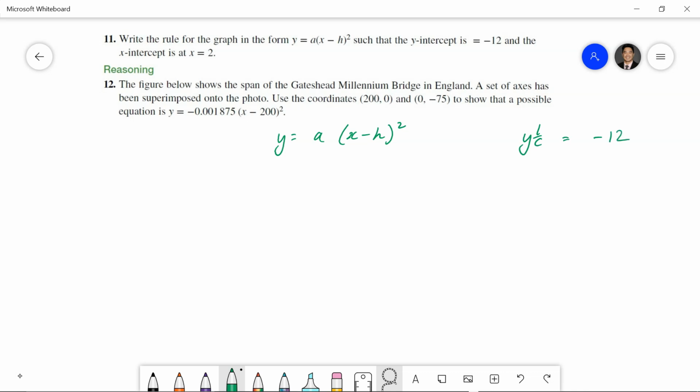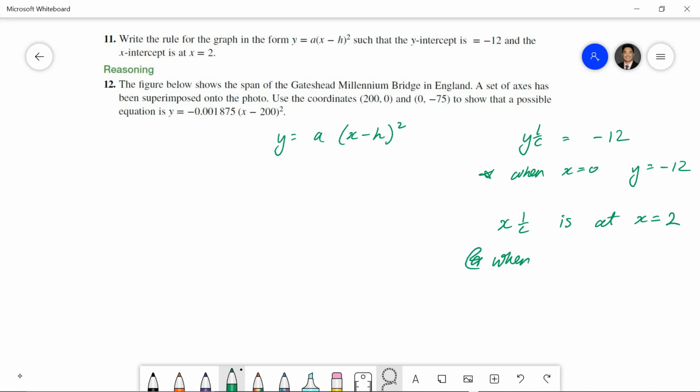So that means, just as a note, when x equals 0, y is equal to minus 12. The other part that we also know is that the x-intercept is at x equals 2.